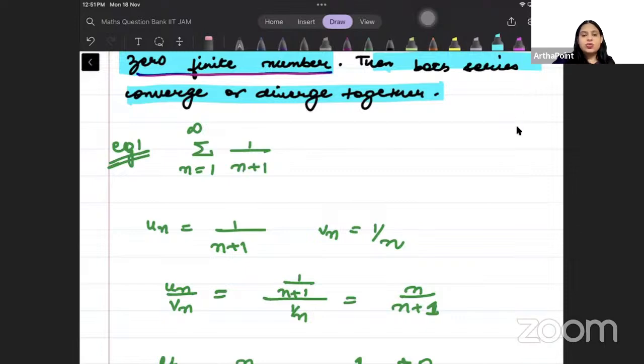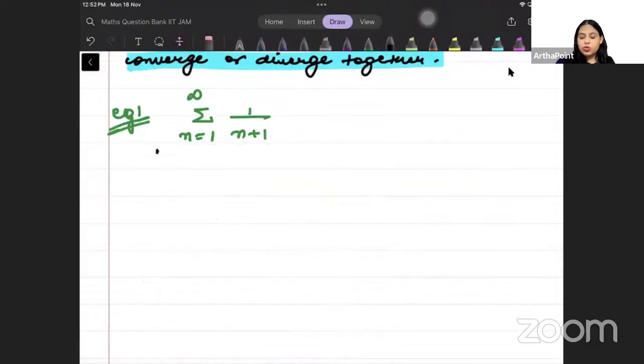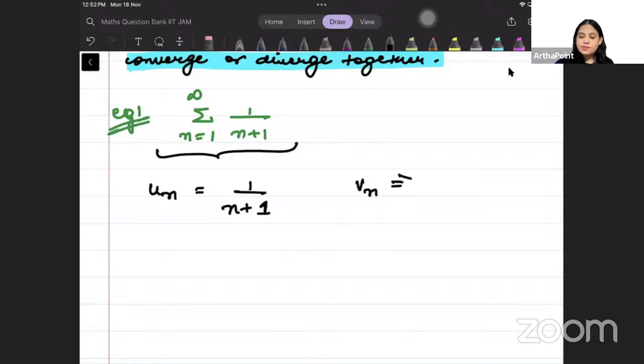ठीक है, let us try to take some examples of limit comparison test. तो पहला example है, what to do with this kind of series, summation n from 1 to infinity 1 upon n plus 1. Now if I take this as Un, I need some Vn also. Vn can easily be formulated by taking away the constants.